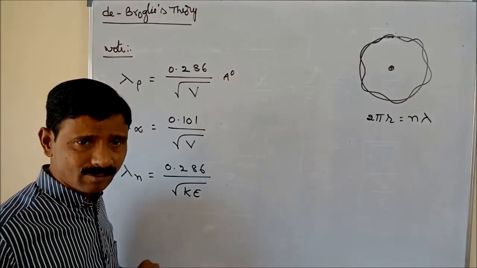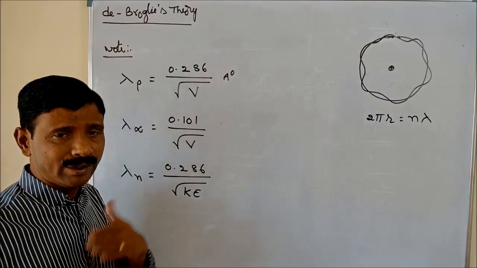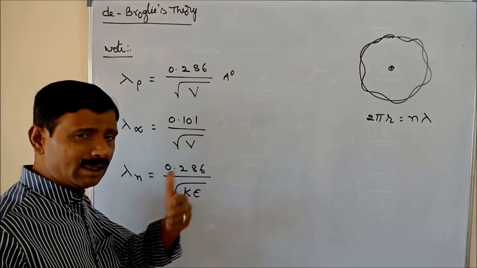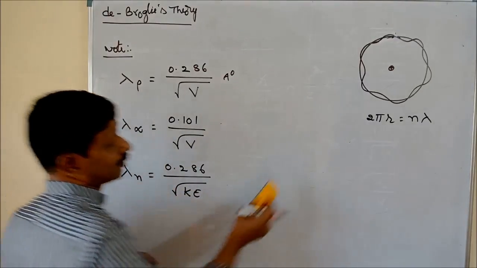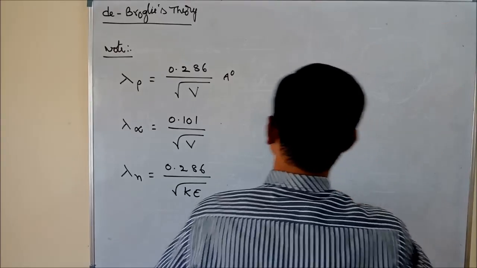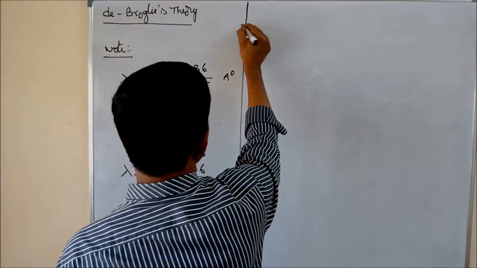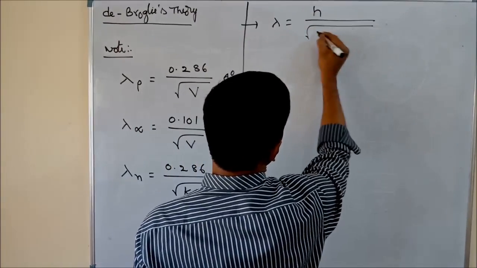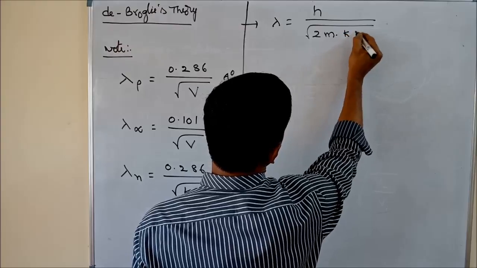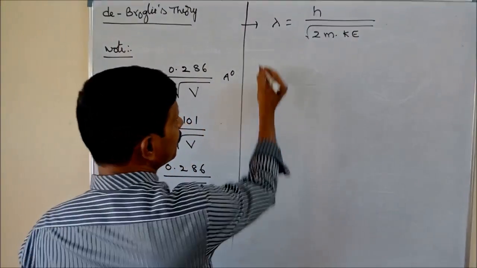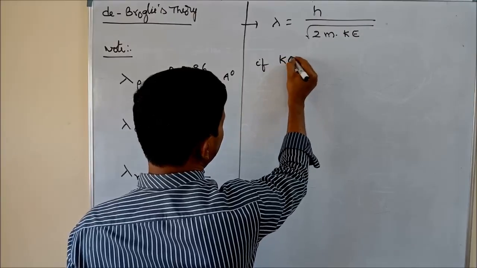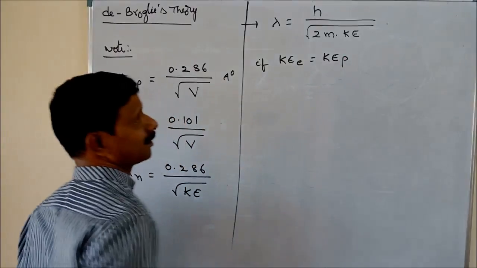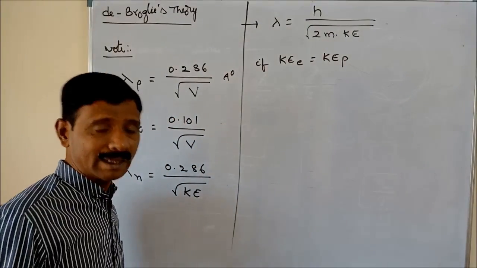And now, we are going to compare the wavelength of the electron and the wavelength of the proton. I will explain one relation, and automatically you will get the remaining. Since we have the formula lambda equals h by square root of 2m into kinetic energy, suppose the kinetic energy of the electron is equal to the kinetic energy of the proton, meaning both have the same kinetic energy.